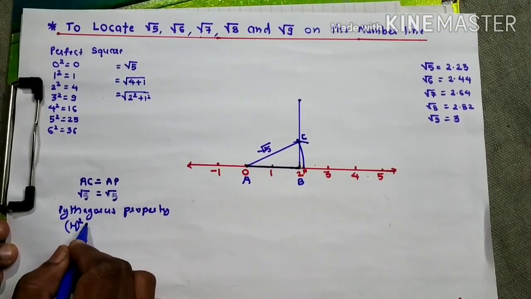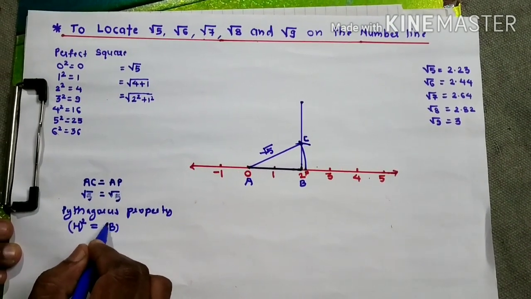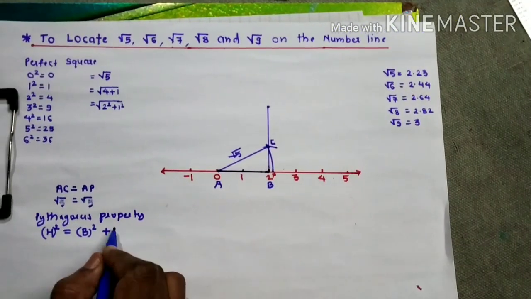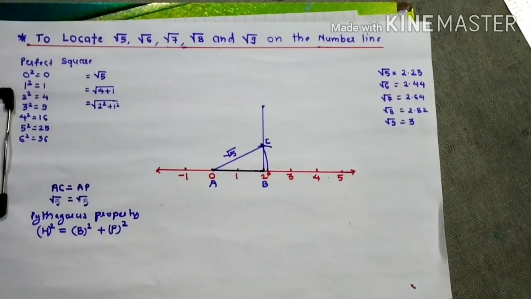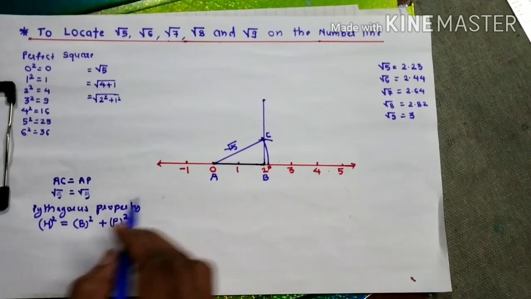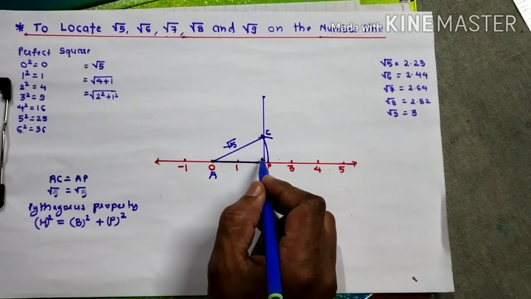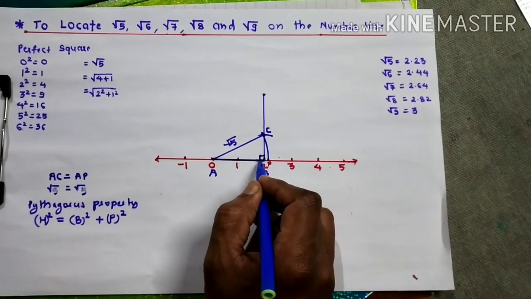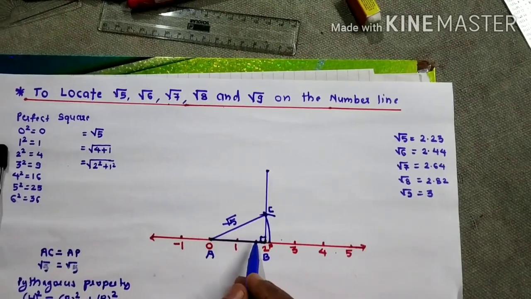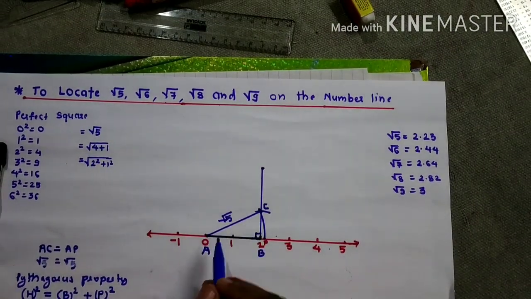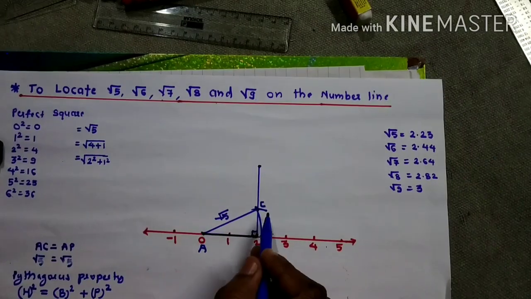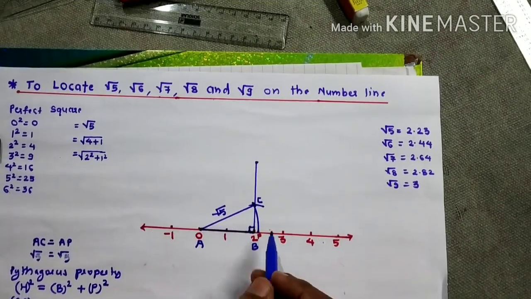Hypotenuse square is equal to base square plus perpendicular square. So what is the hypotenuse of this right angle triangle? This is a right angle. Opposite to the right angle is always the hypotenuse. This is the base and this is the perpendicular.